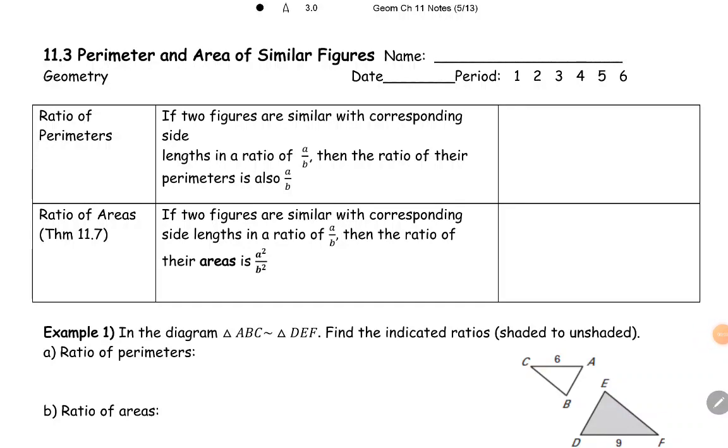Today we're going to be looking at perimeter and area of similar figures. So let's say we have two figures that are similar. If you don't remember what similar means, it means the ratio of their sides are proportional.